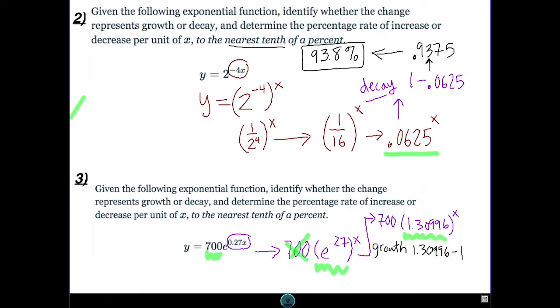This is going to allow us to identify the rate. So I get 0.30996. We want to round to the nearest tenth of a percent. This one's kind of tricky. If I move this decimal, it would be 30.996. The nearest tenth of a percent is here. So that number is a 9, it moves this 9 to a 0 and this 0 to a 1. So this is approximately 31.0%.